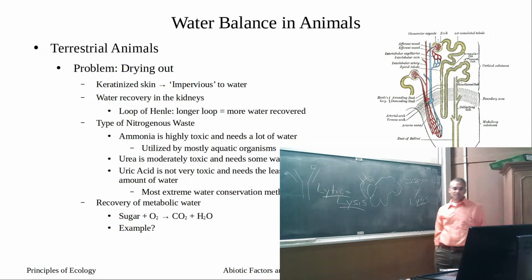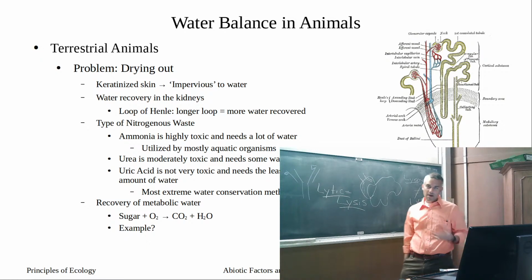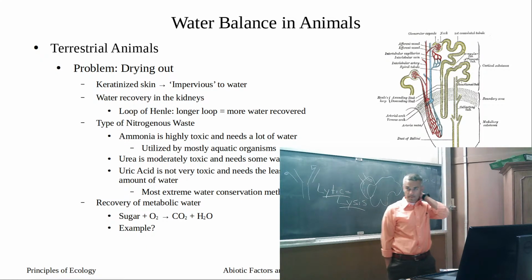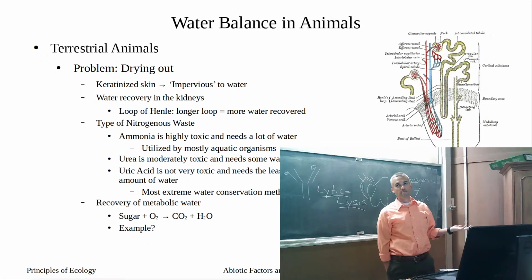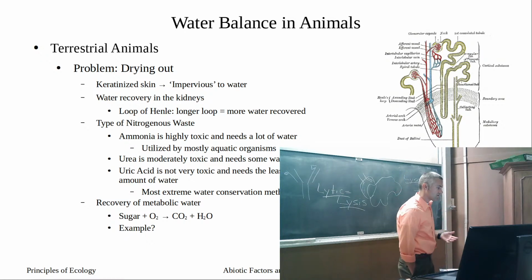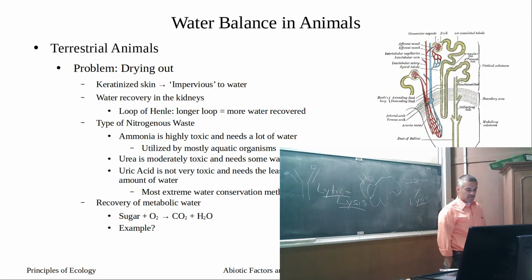The last adaptation in animals is metabolic water recovery. So this is just through our metabolism. I don't know, we probably don't have many that have had biochemistry yet. This is in cell bio.